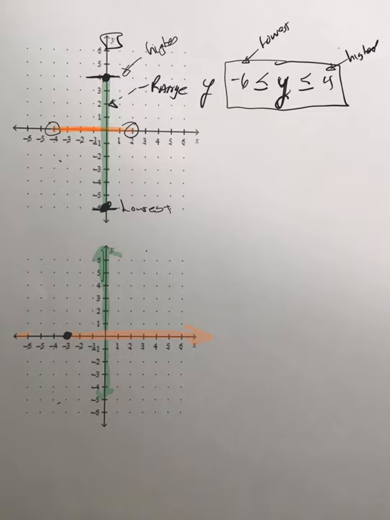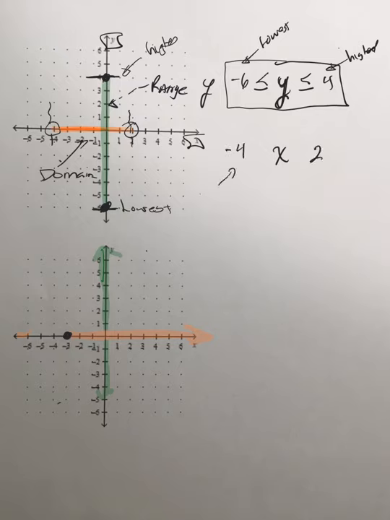For the domain, remember the domain are the x values, and the x values are the horizontal axis. And once again, we can see that the furthest to the left was -4, and the furthest to the right was 2. So we have a between statement. So we have to say all the x values, because we're talking about domain, that are between -4 and 2.